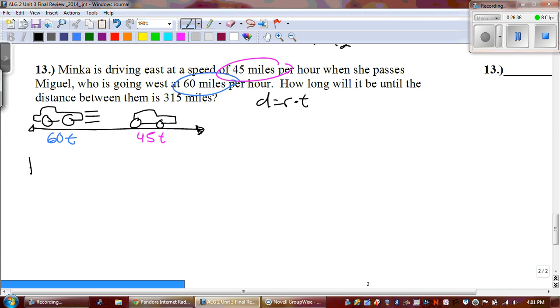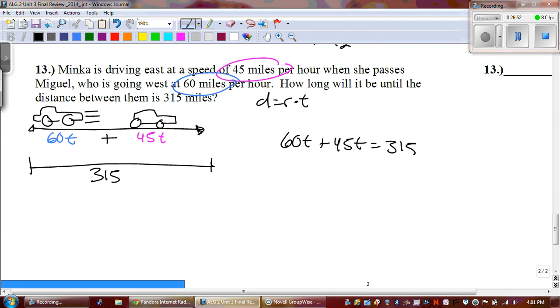And I want to know when all of them combined are 315 miles apart. So if we take those two together, we'll figure it out. So we have 60t plus 45t equals 315. Combine your like terms and you get 105t equals 315.